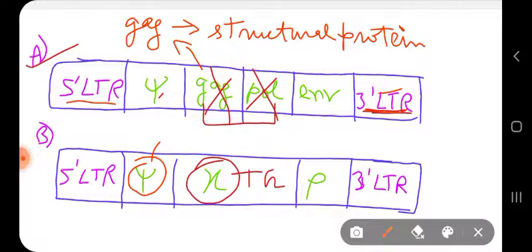For introducing the promoter, we have to remove the envelope gene. The gene responsible for the envelope protein production also has to be removed. So only the psi gene will be remaining here.